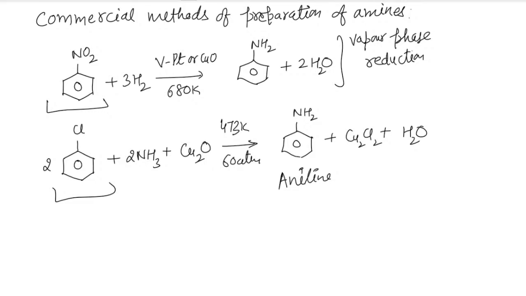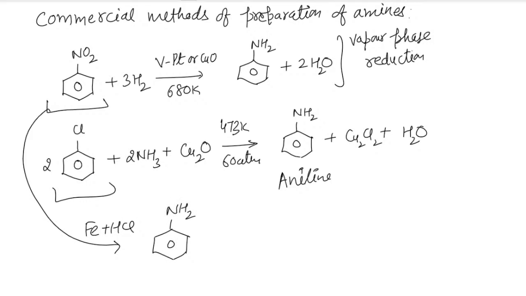The first one is by using scrap iron and HCl, as we have used before. That reduction is also valid in the commercial case. Nitrobenzene with Fe and HCl, when scrap iron and HCl are used, we get aniline.